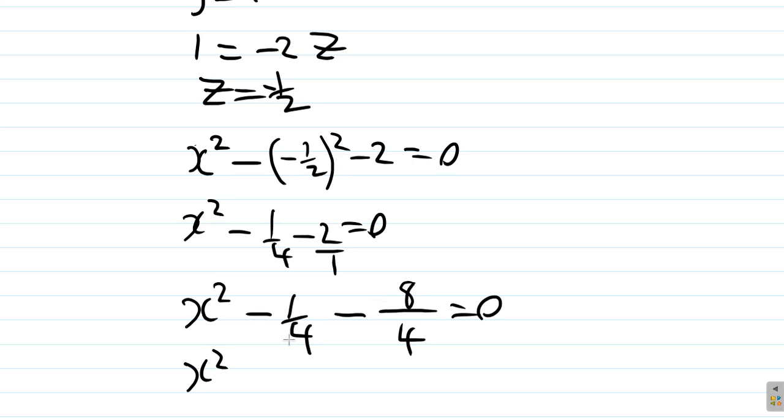Negative 1 quarter minus 8 quarter give you negative 9 quarter equals 0. So therefore, x squared is equal to 9 over 4.